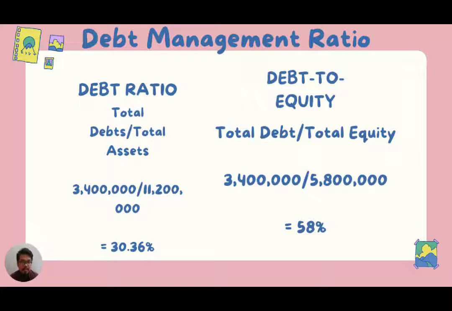The total debt is 3.4 million divided by total assets, which is 11.2 million, equal to 30.36%. While debt to equity we take from total debt divided by total equity. Total debt is 3.4 million divided by total equity, which is 5.8 million, equal to 58%.